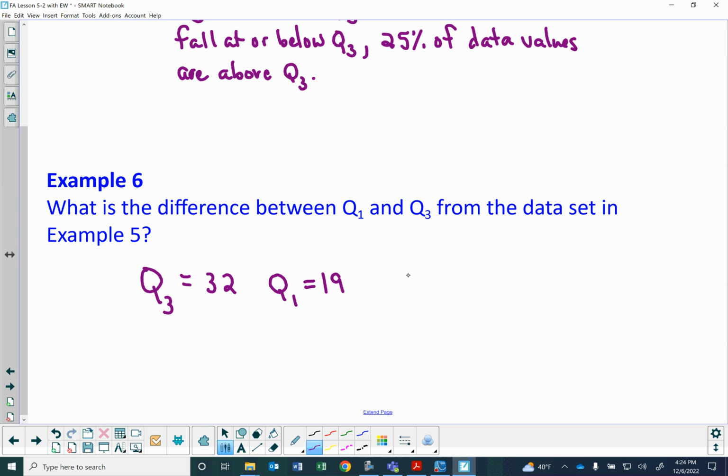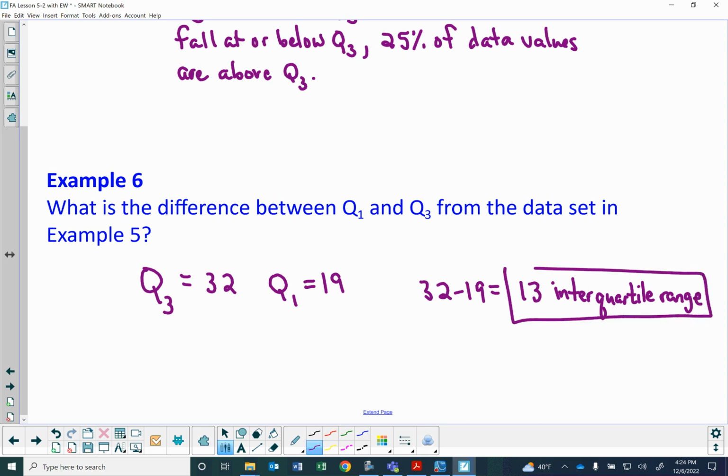The difference between the two is 32 minus 19, and that happens to be 13. This value is called your interquartile range. So if you ever have to find your interquartile range, which you will have to find, it's always the difference between Q3 and Q1. So if you mess up Q3 or Q1, you will mess up your IQR.